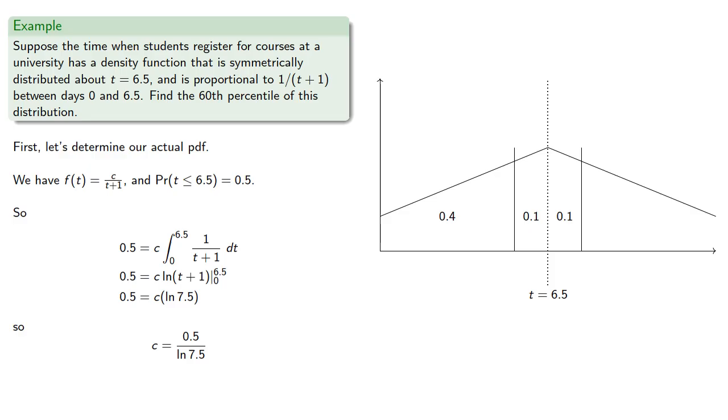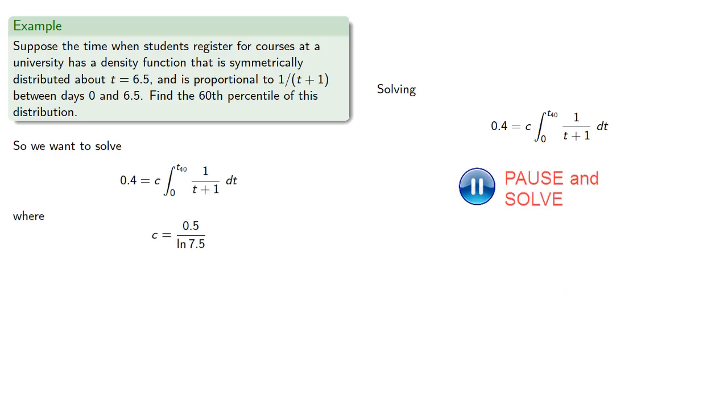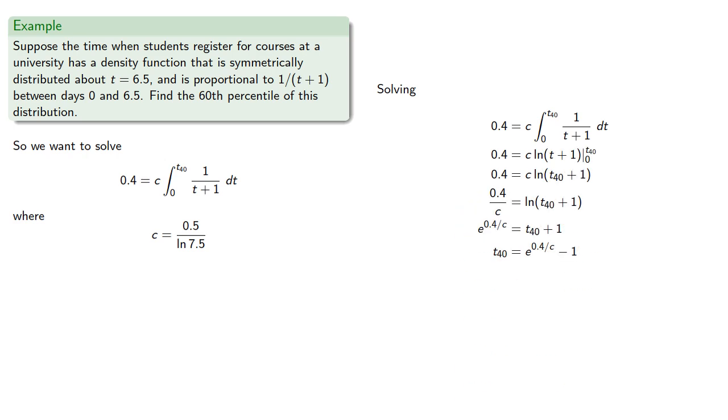Now, to keep our work from getting too cluttered, we'll just note that here's our value of C, but we'll leave it as C. So we want to solve for this 40th percentile, and then substituting our value of C will give us our 40th percentile.